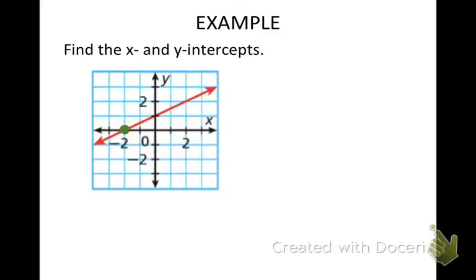What are the coordinates of that point? It's -2, 0, right? So your x-intercept is the x-coordinate. So it's not going to be that point. It's only going to be the x-coordinate of that point.